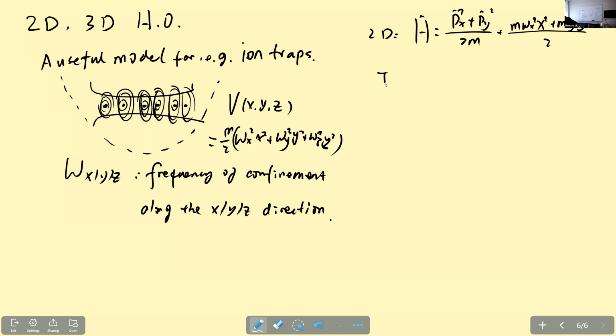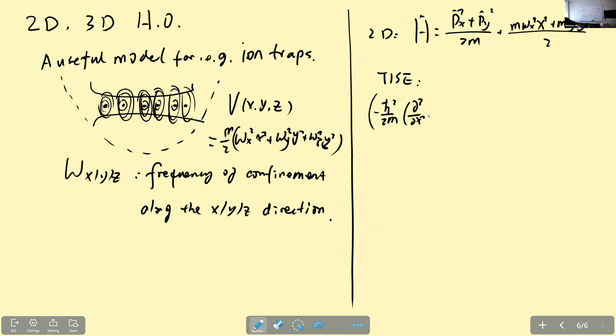So the Schrödinger equation will be minus h bar squared over 2m times (partial squared over partial x squared plus partial squared over partial y squared), and then plus the potential terms in omega_x and omega_y, acting on psi(x, y) equals E psi(x, y). Obviously you know how to solve this problem.